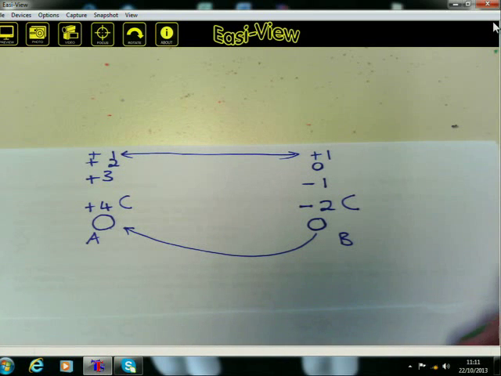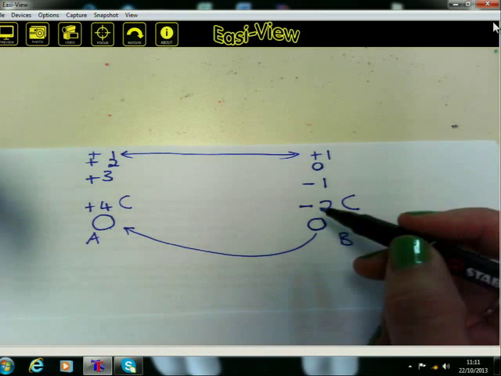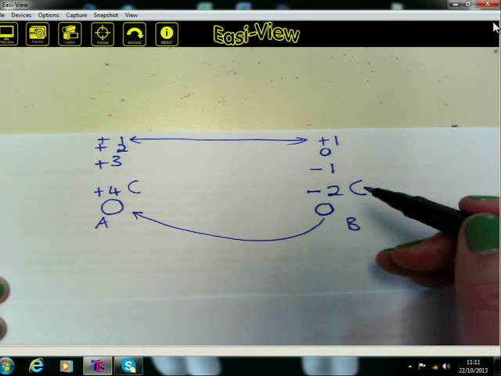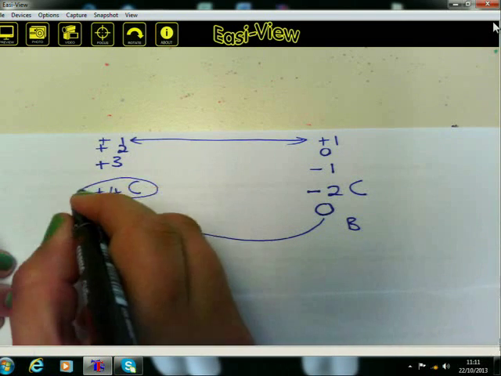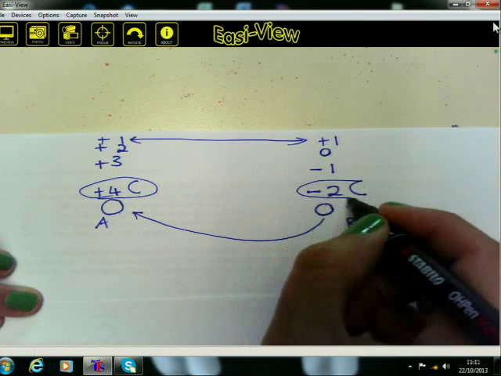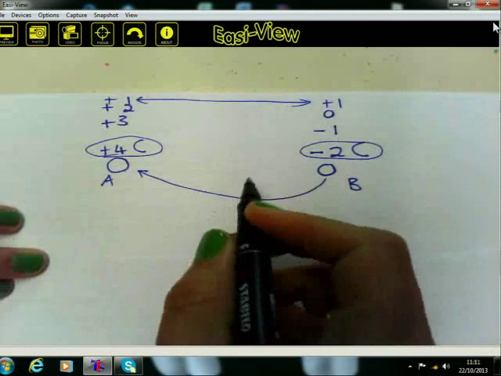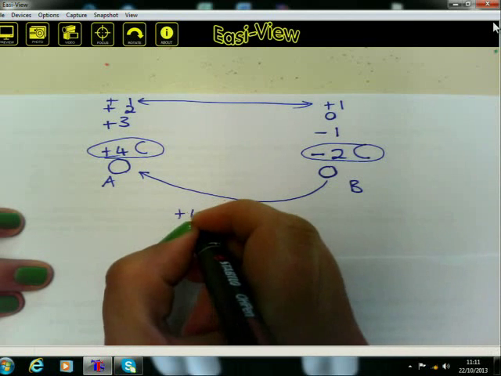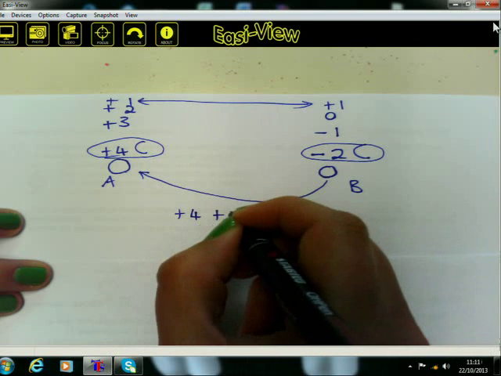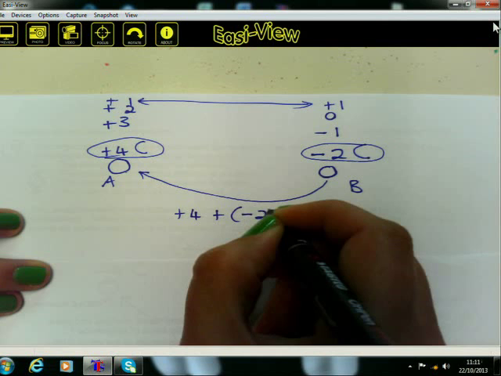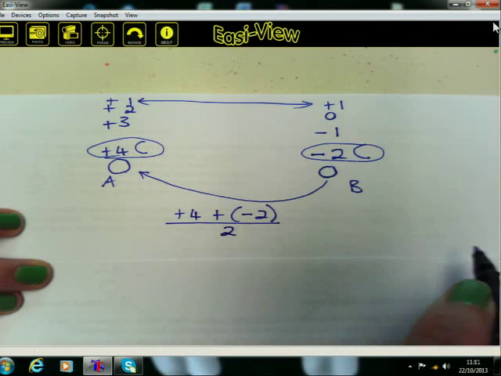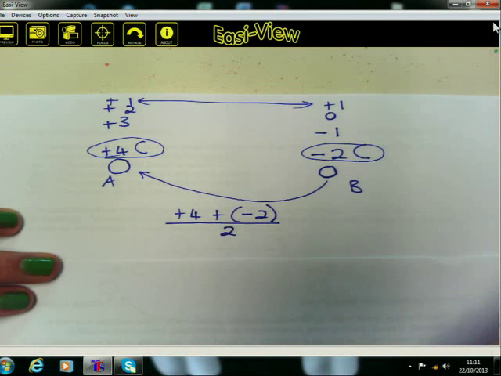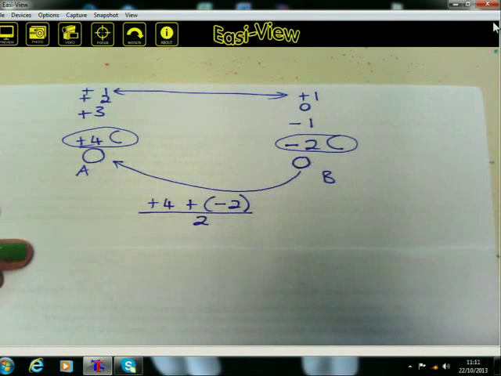But there's a very easy way to get to that. You don't have to do it step-wise like this. All we can do is add these two original charges. So we add them together, plus 4 plus minus 2, and we divide by 2. So you're actually getting the average charge between the two.